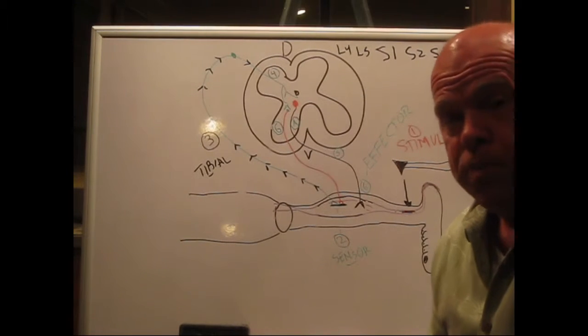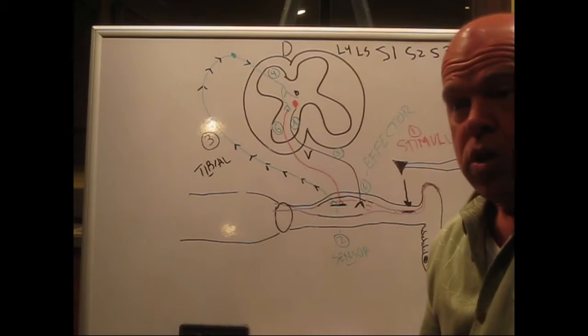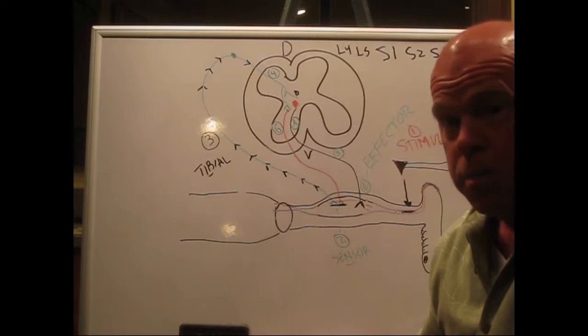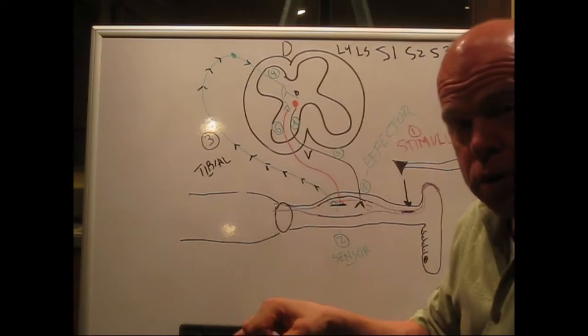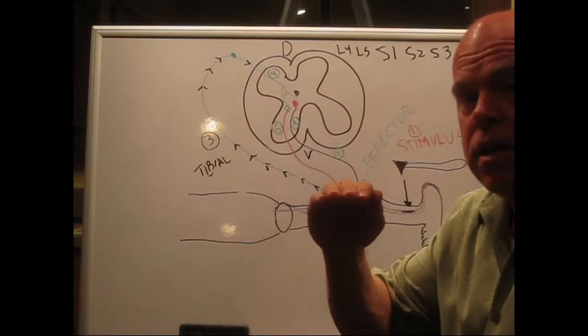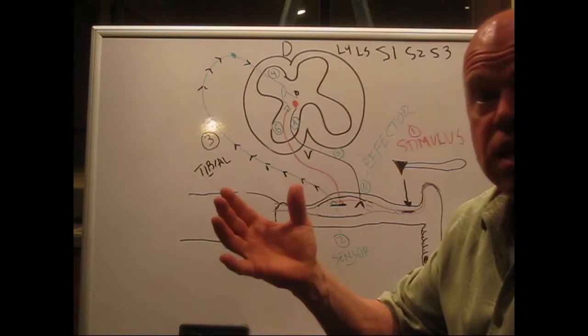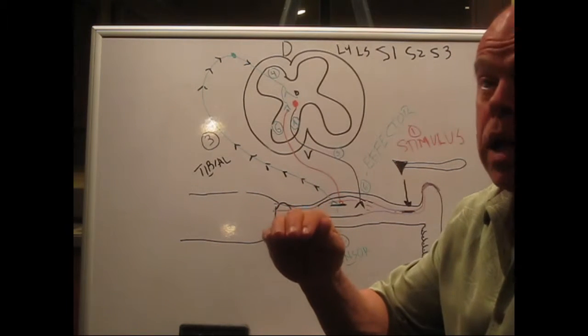Now remember, the spinal cord itself ends at around the T12 to L1 level of the spinal column. So the S1 level of the spinal cord is located somewhere around T11, T12, in that region of the spinal column.